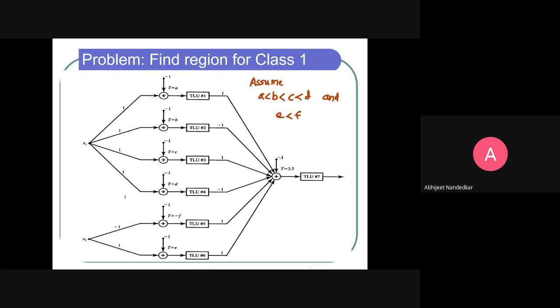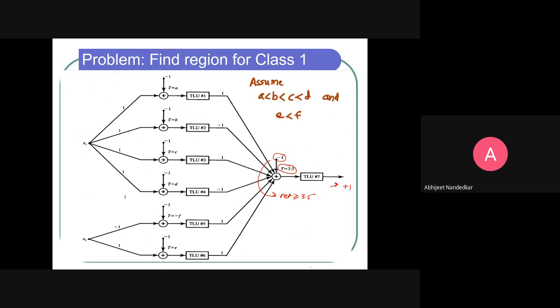Now you can see the threshold here is 3.5. So if the net value here is greater than or equal to 3.5, then this is going to produce +1.